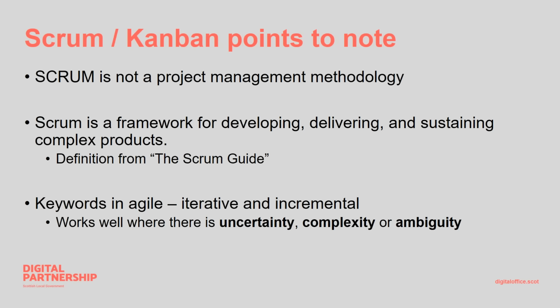Now, what was mentioned before was about being iterative and incremental, and those really are the two keywords that we need to keep in mind. And for that reason, Agile works well within an environment where there's significant uncertainty, complexity, and ambiguity. And I'm sure yourselves, like us, find that a lot of the projects we work in are within that kind of frame of reference.